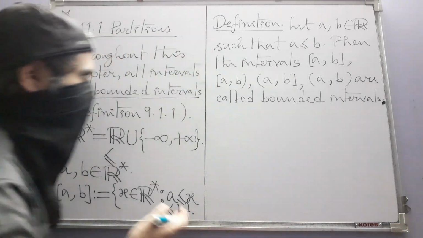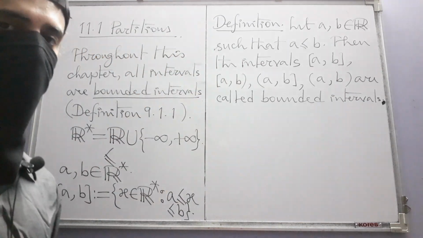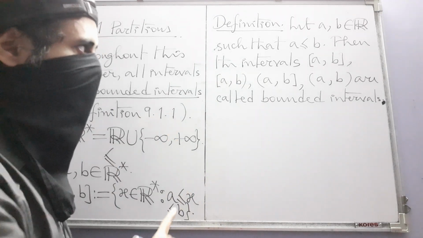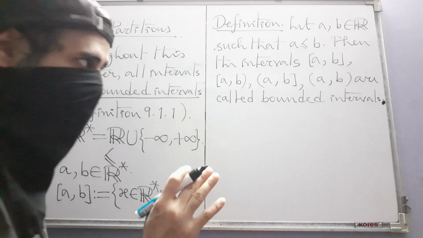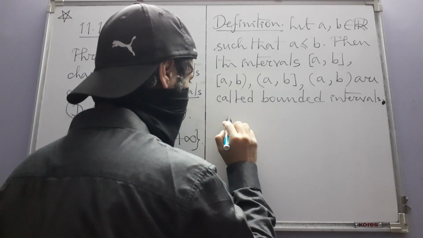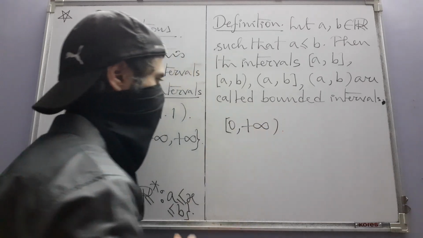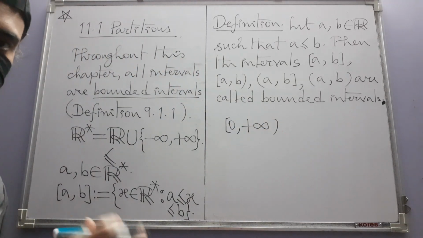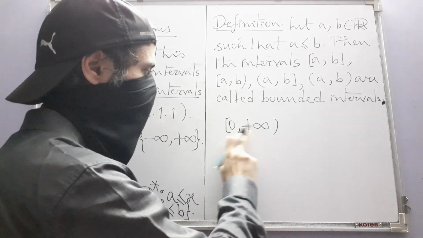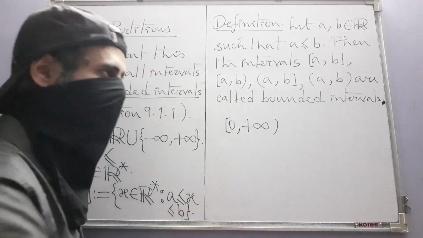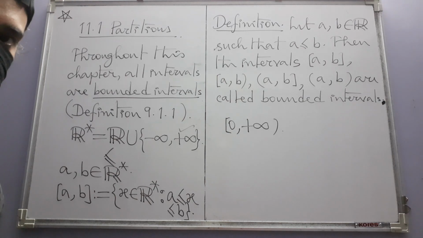So when we say that an interval is a bounded interval, we mean this. And this is the kind of interval we are going to consider throughout this chapter. That means, in particular, we will not consider this, for example. This is not a bounded interval because the right endpoint of this interval is not a real number. It's this extended real number.